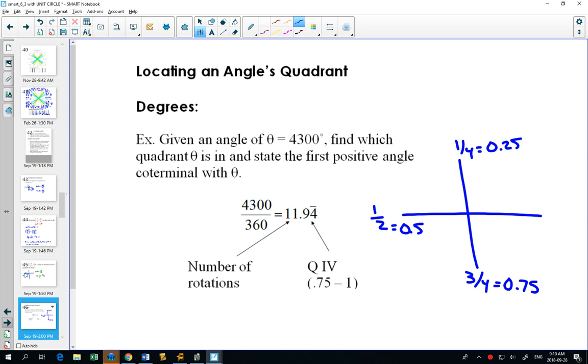So when I get that it goes around 11.94 times, does it make sense that that would end in quadrant 4? 11 full times, and then the last time it's going 94% of the way around, so it's going to end in quadrant 4.